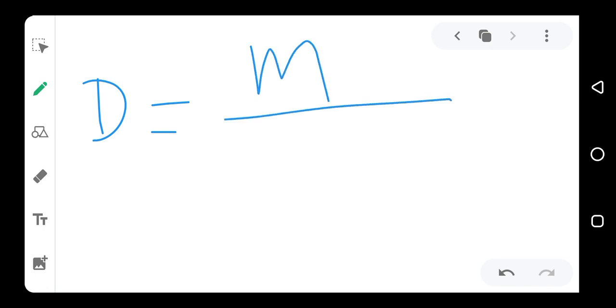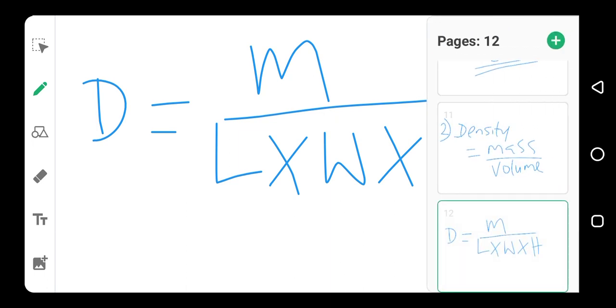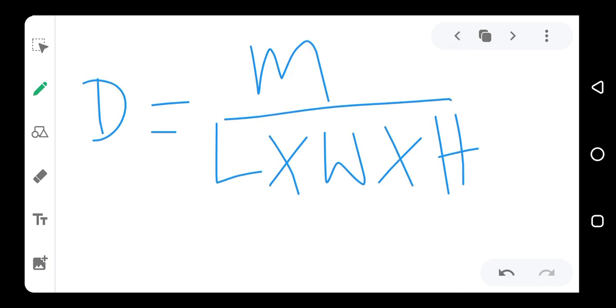So we have that density, D, is equal to mass over volume. Volume is length times width times height. Length, width and height are talking about the same thing, length.